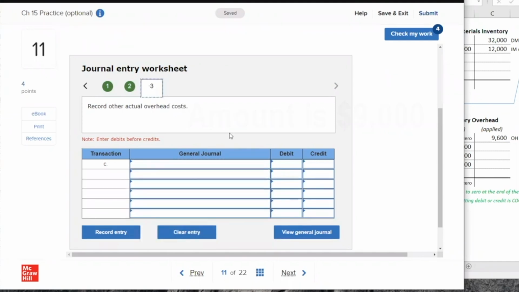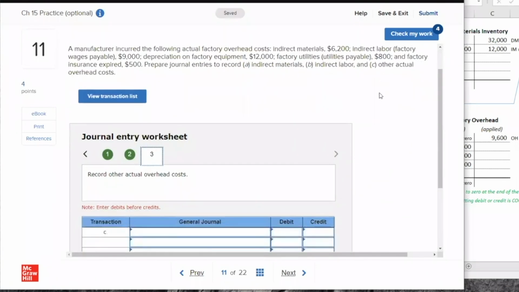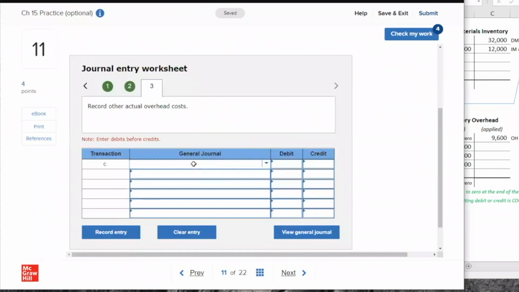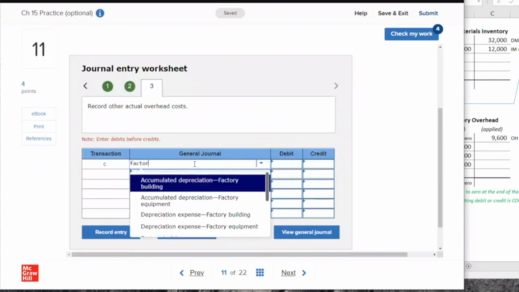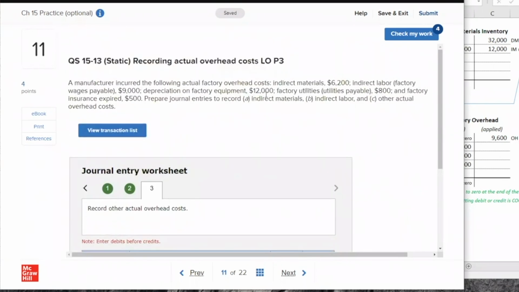Now look at this, other actual overhead costs. Let's take a stab at this. This might be a little more difficult. And again, when we record other overhead costs, we will debit factory overhead, no doubt, right? But the credits are what's going to be hard. Let's take a look at this. There's indirect materials, indirect labor, 9,000 of depreciation on factory equipment.